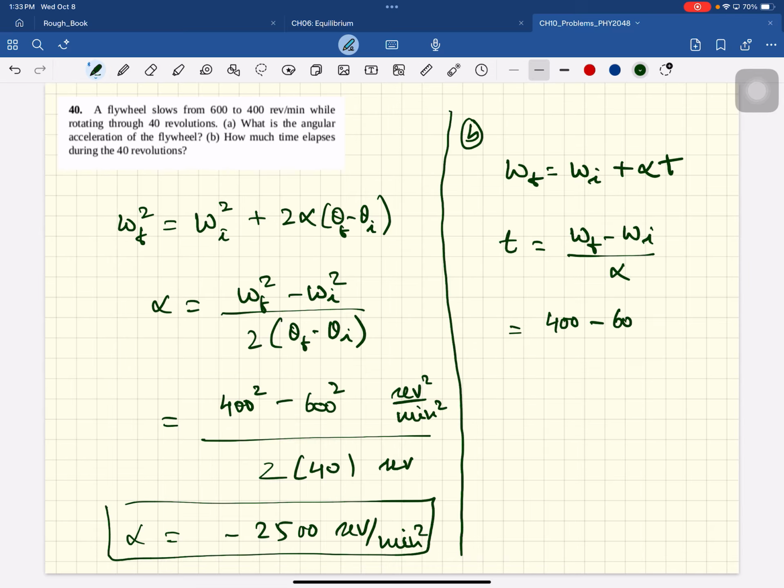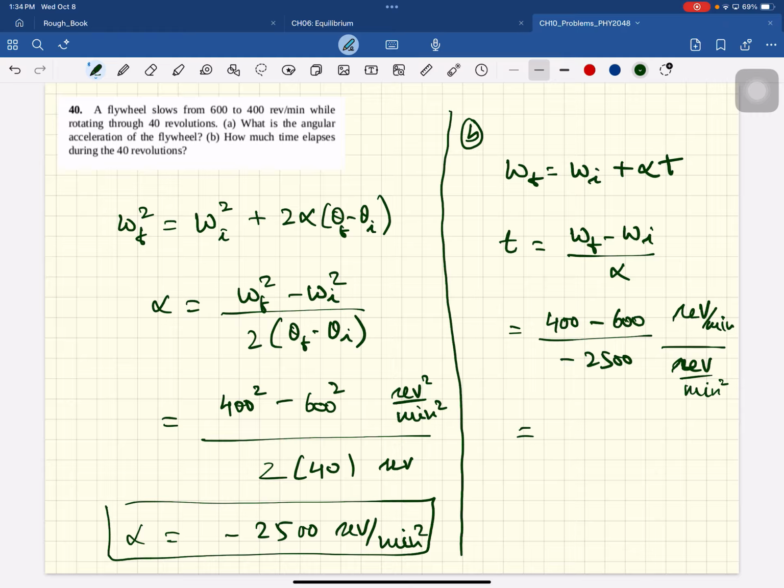Okay. 400 minus 600 divided by minus 2,500. This was revolutions per minute divided by revolutions per minute squared. So what you'll get is a minute on the top. Okay.